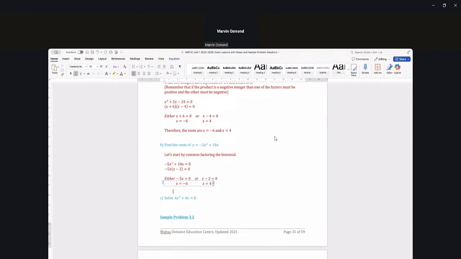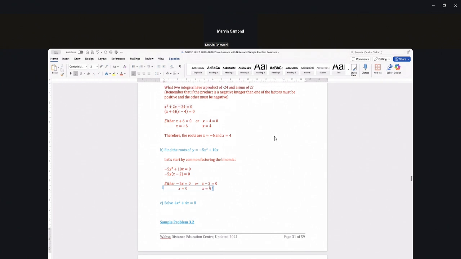If negative 5x is equal to 0, we divide each side of the equation by negative 5, then x is going to be 0, or x is going to be 2.